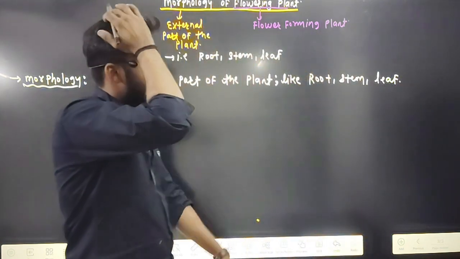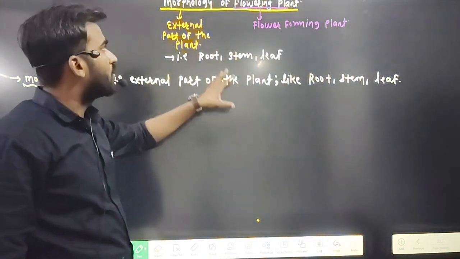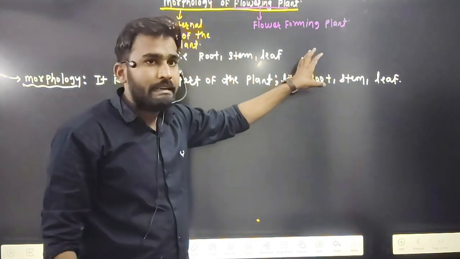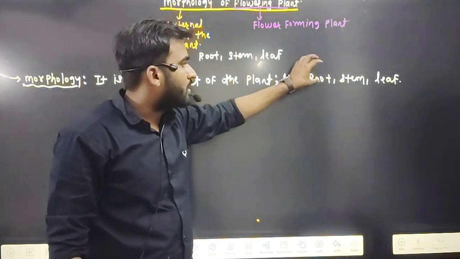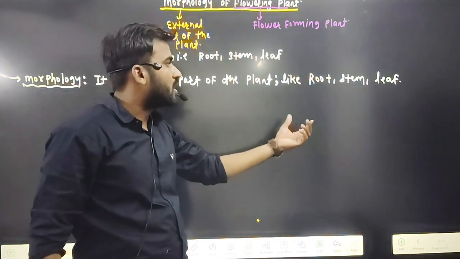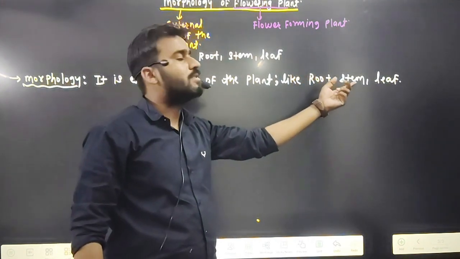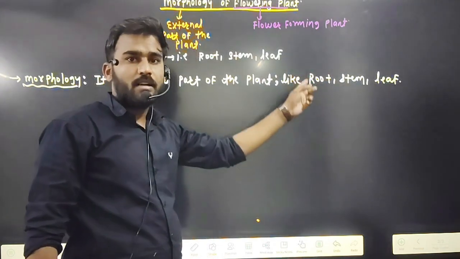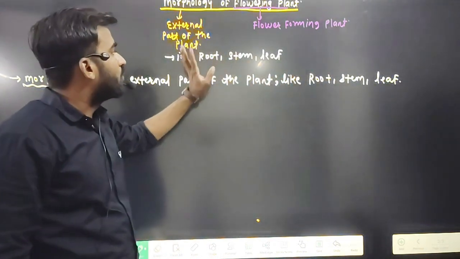These are the external parts of the plant, and it is called the morphology. Study about their details, how the root forms, the stem, what is its function, what is the leaf, what is the function of the leaf, what is the main mechanism. Study regarding this is called the morphology.